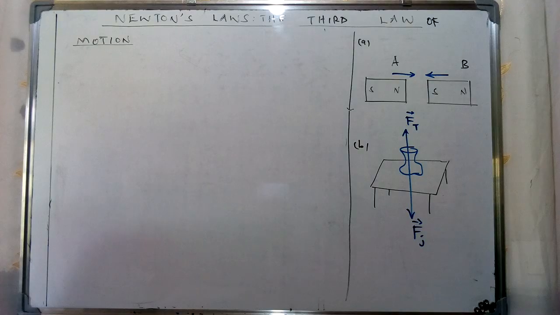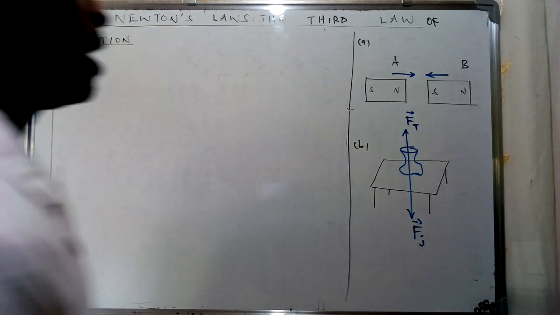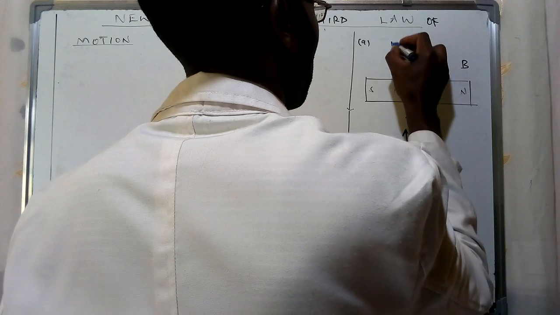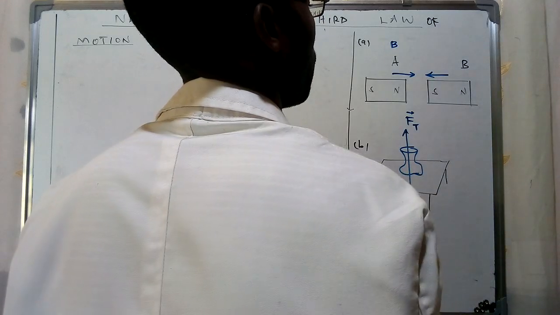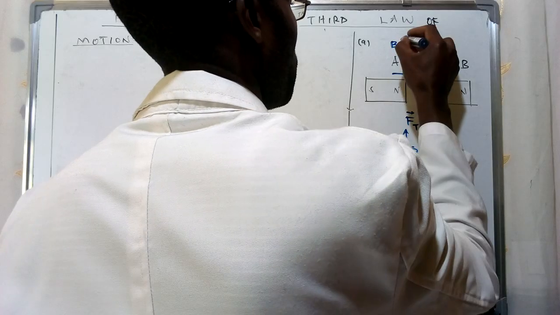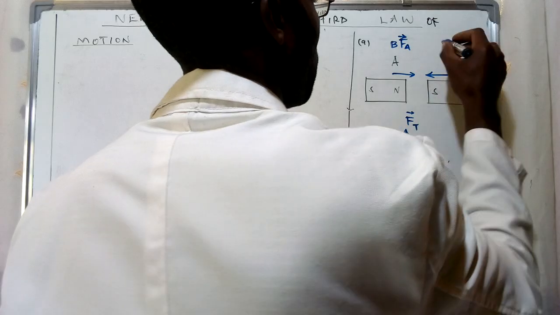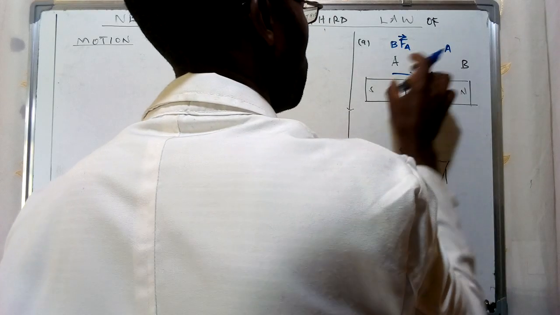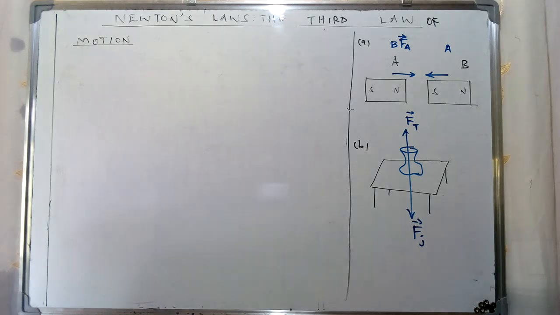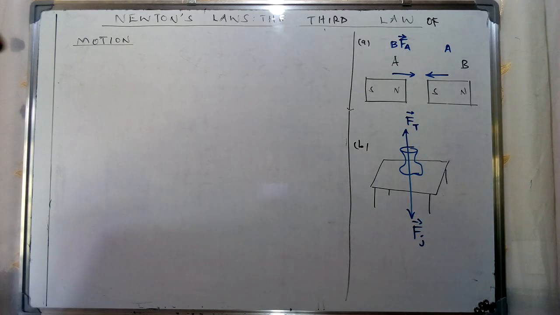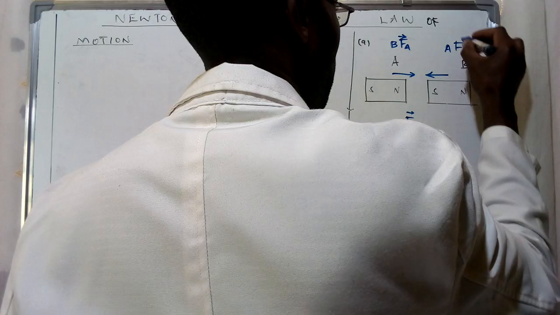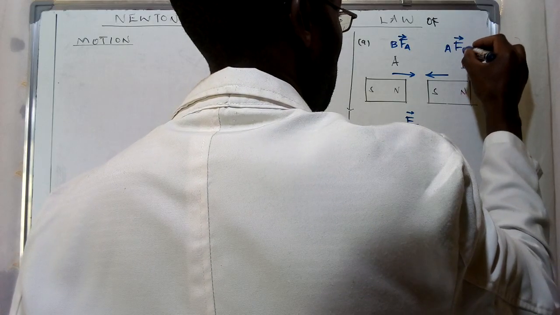So for the first case as well, we can have a representation of the force which is going to be experienced by the two magnets, the force of attraction, whereby the force experienced at this particular point is a result of B acting on A. So we shall have a force experienced by A due to the presence of B, and a force of A attracting B given as such.